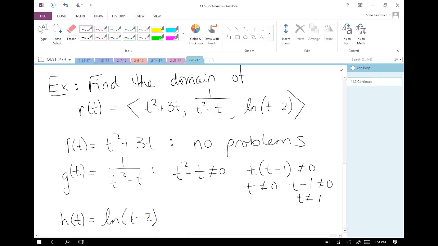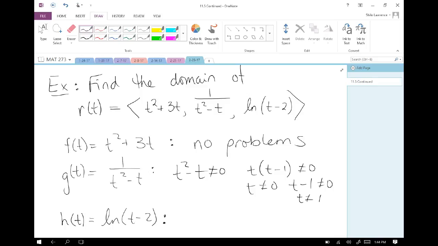I don't think we had a log in our other example. I think we had an e, a radical, and a rational. There are certain numbers that we cannot take the log of. We can't take the log of negatives.